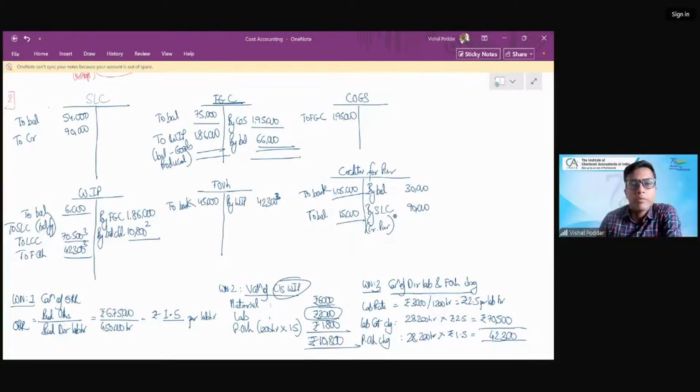Now I want material transferred for production balance. Tell me, students, how much is this balance? Students, balance of materials which is used for production.